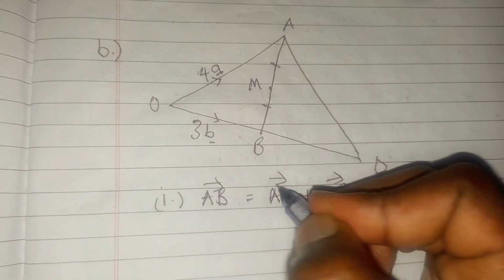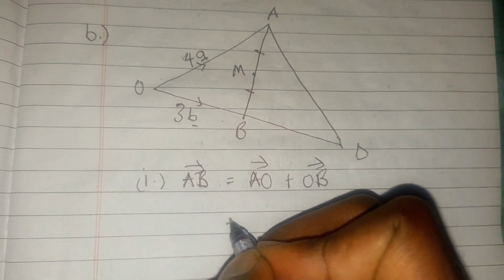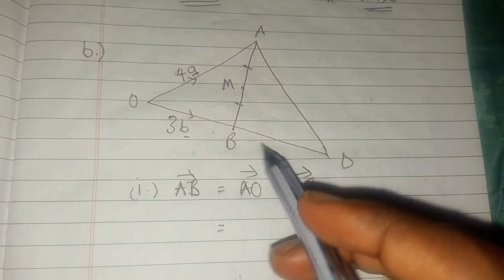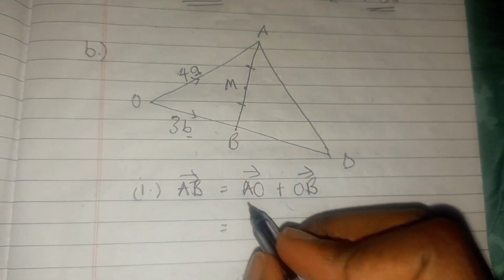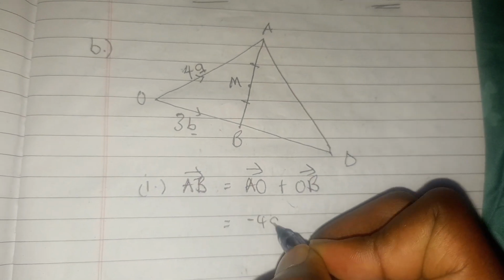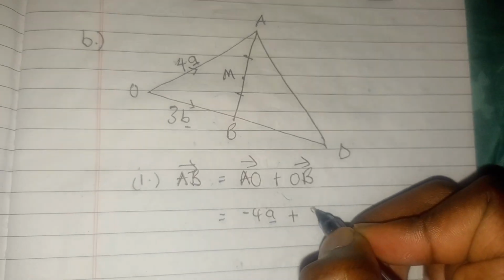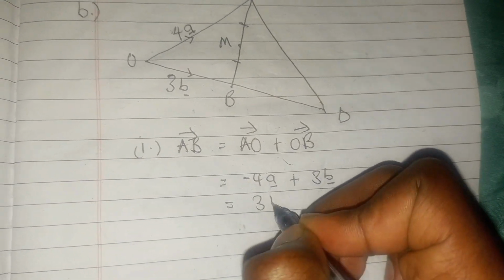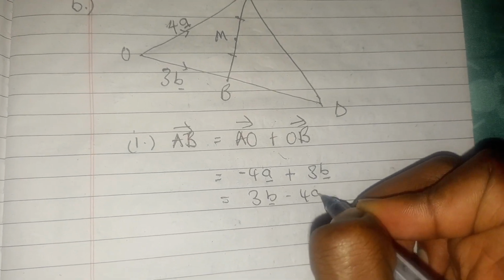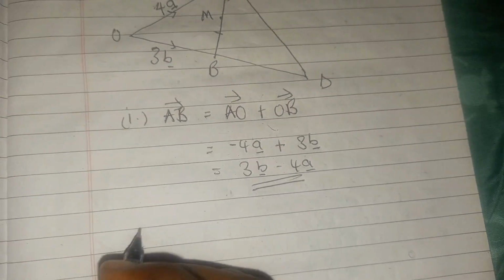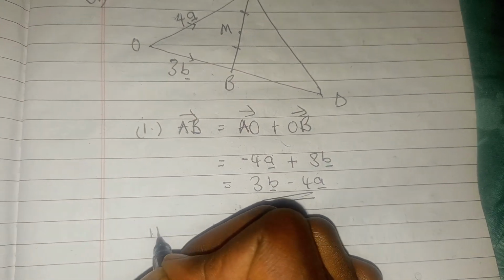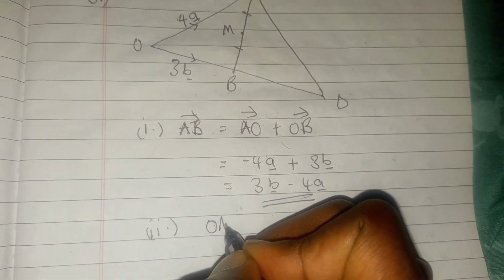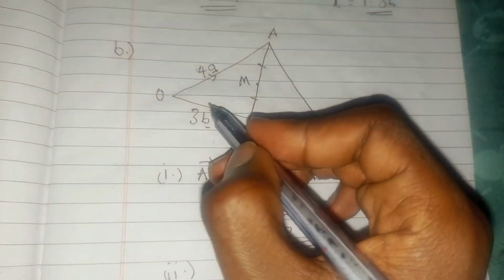That's what this implies. So this is going to be equal to, since OA and AO are in different directions, the 4A will become a minus 4A plus 3B, which is the same as 3B minus 4A. Then the next question is asking us to find OM, which is this guy.